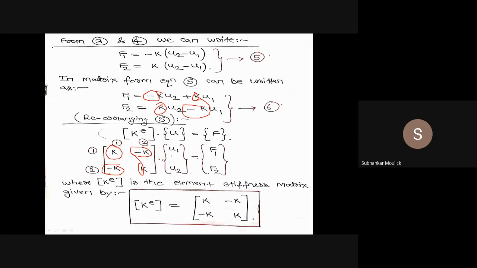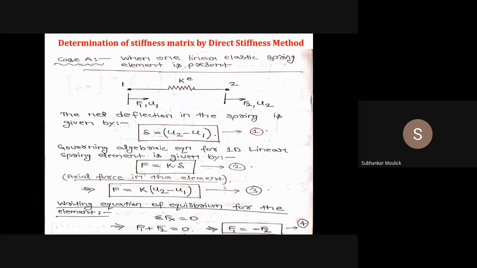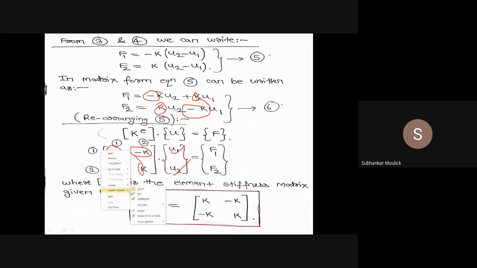So k into the column matrix. Since two nodes are present, there will be two displacements, u1, u2, equal to the column matrix of the nodal force vector. At nodal point 1 force F1 is acting, and at nodal point 2 force F2 is acting. I have clearly told you that this is for the first node, this is for the second node.